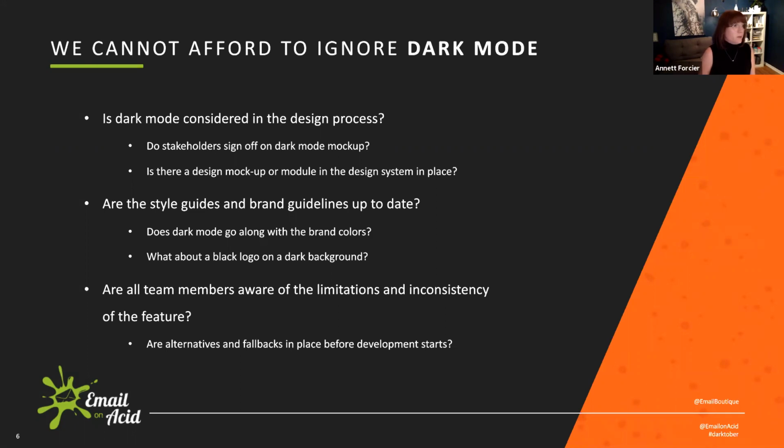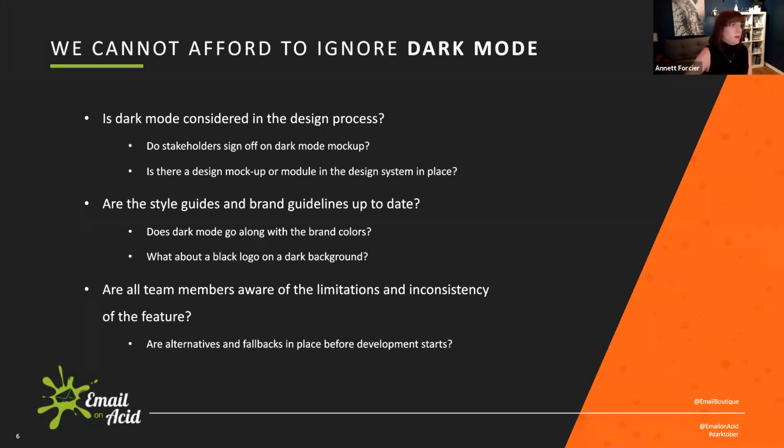What I care about too is because I often receive style guides or brand guidelines, and I see them being a bit outdated. They're not prepared for the dark mode. They're not considering what happens with logos or brand colors on dark mode. So I think that should be something that needs to be updated and move on with the technology that changes constantly.